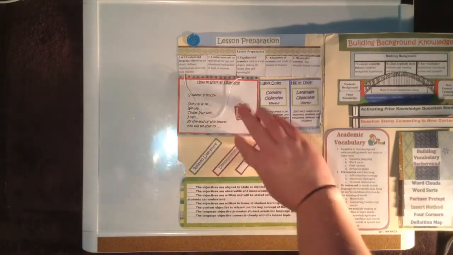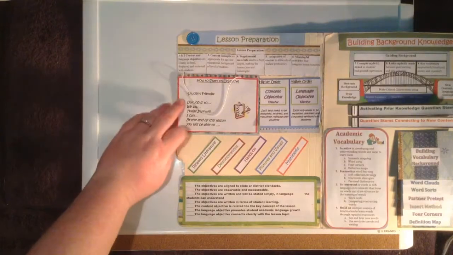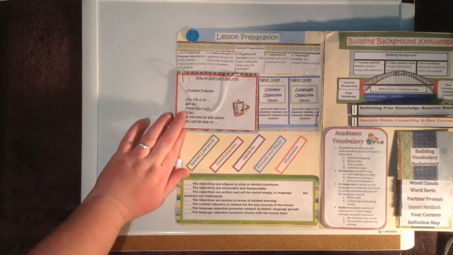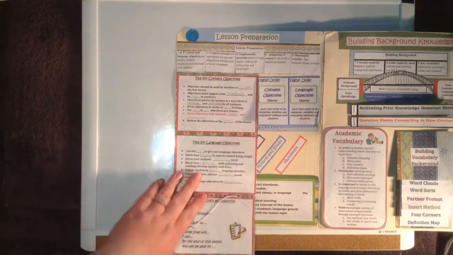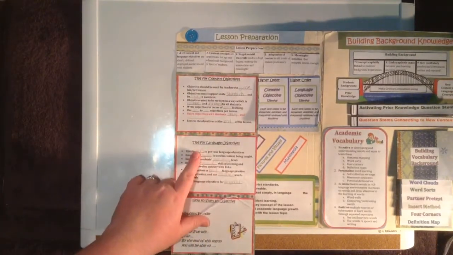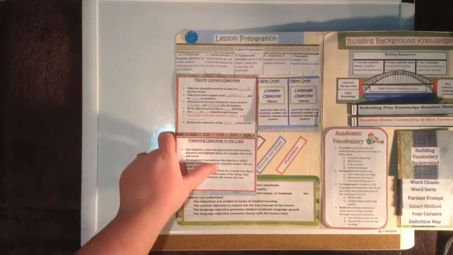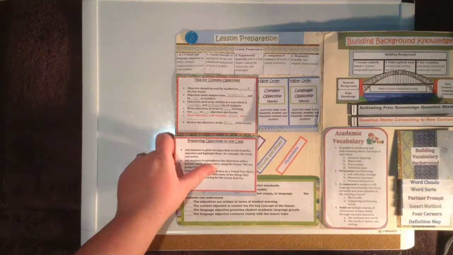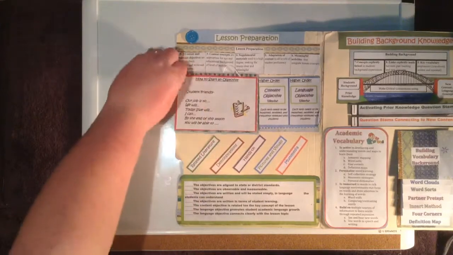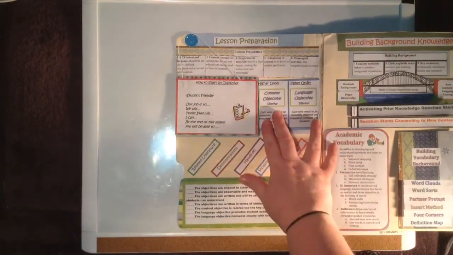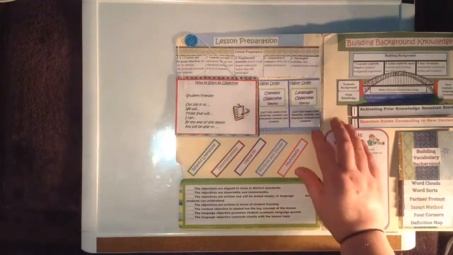So here is my how to start an objective. Your objective should be student friendly, and it's just giving some ideas for how to do that. On this, you will see tips for language objectives and tips for content objectives. And here you will notice presenting objectives to the class. So over here you can see content objective verbs and language objective verbs.